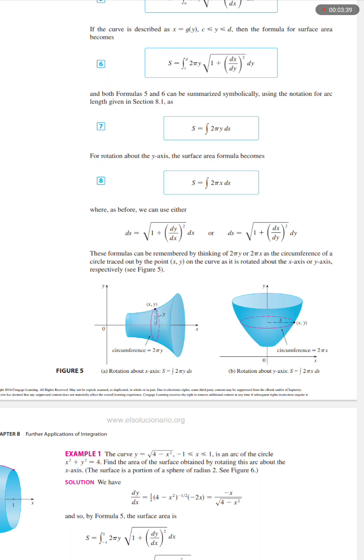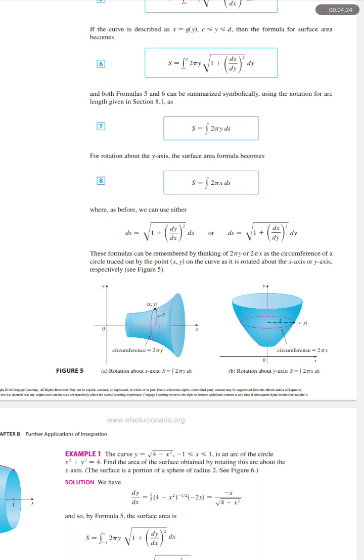For rotation about the y-axis, the surface area formula becomes equation 8, big S equals the integral of 2 pi x ds, where, as before, we can use either ds equals the square root of 1 plus open dy over dx close squared dx, or ds equals the square root of 1 plus open dx over dy close squared dy.